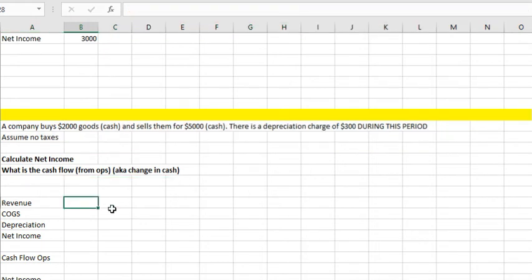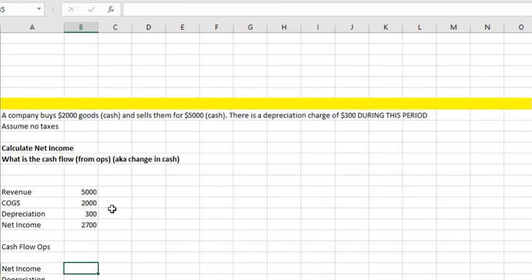We are going to record revenue of $5,000, cost of goods sold of $2,000, depreciation of $300, and our net income is the difference between the revenue and the expenses. In this case we have two expense types, cost of goods sold and depreciation, so our net income is $2,700.